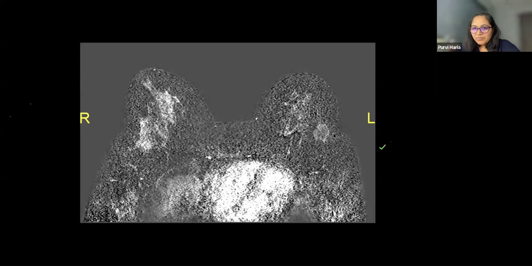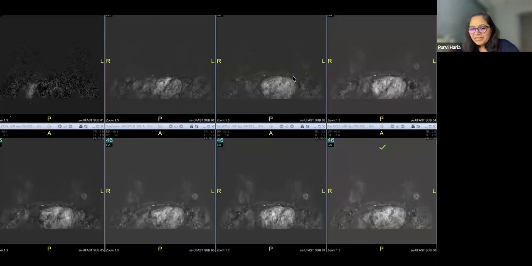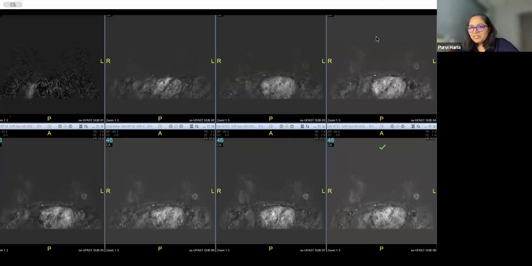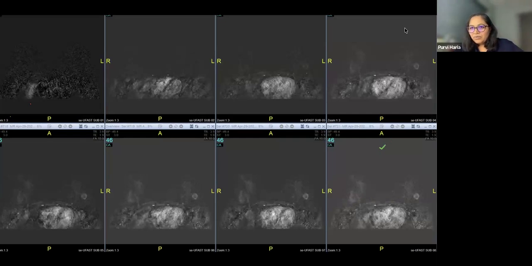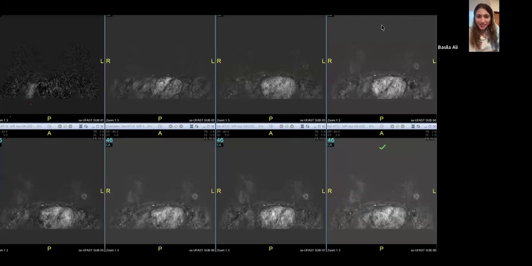And this is a MIP image of one of the delayed phases where we're seeing the enhancement here. But there is a lot of background parenchymal enhancement in the rest of the breast parenchyma. Ma'am, we have questions regarding this.